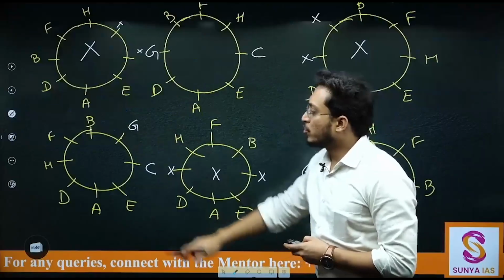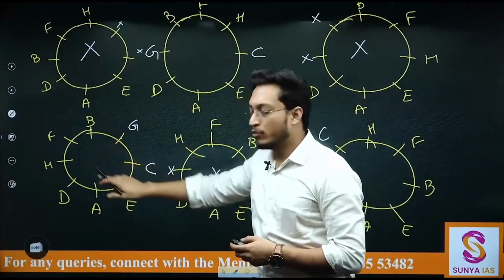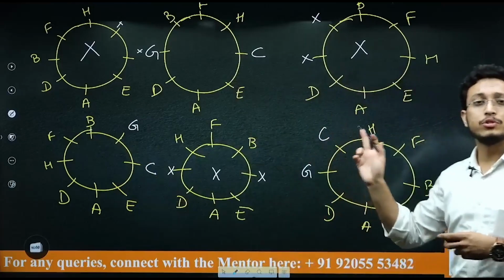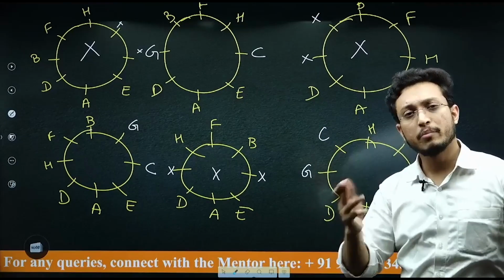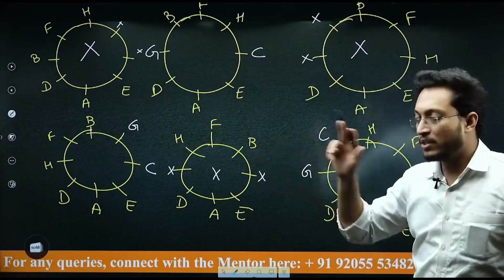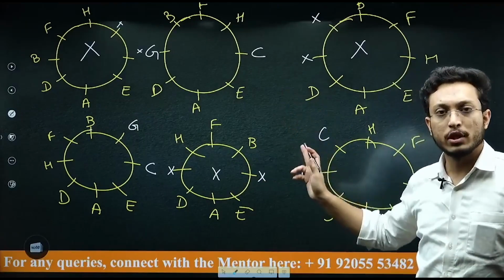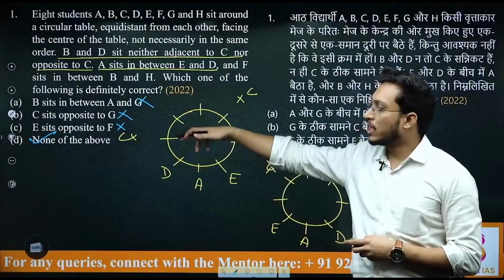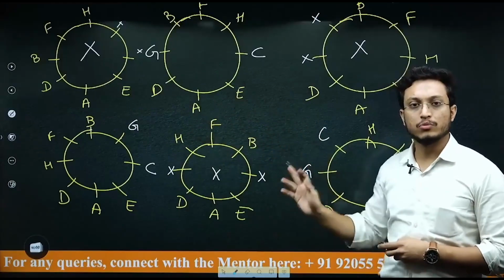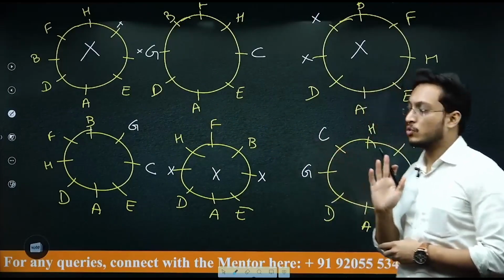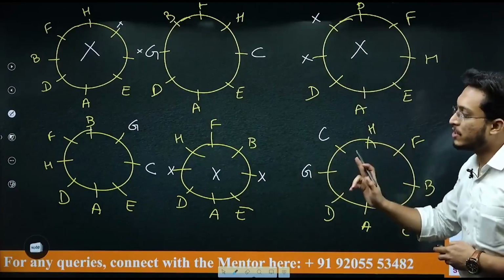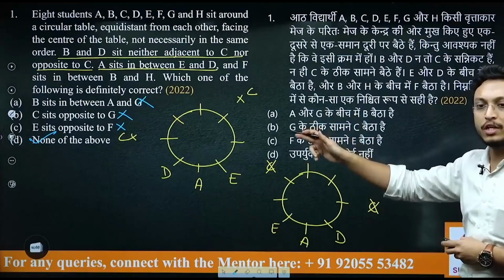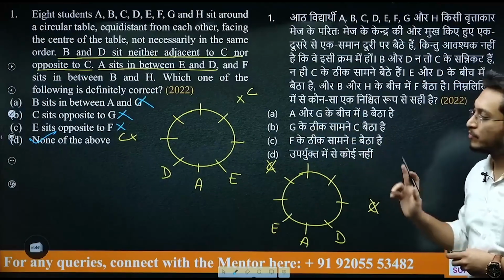E sits opposite to F. If you are making only this possibility, you will end up marking E sits opposite to F. इसीलिए इस टाइप के क्वेश्चंस में you will have to go on making multiple possibilities, because एक possibility से एक आंसर सही आ जाएगा, दूसरी से दोनों आ जाएंगे. Final answer is that which satisfies all the conditions in all the possibilities. वही final answer होगा. So here the answer is none of the above, because none of these conclusions are definitely correct in all the possibilities. So answer is none.